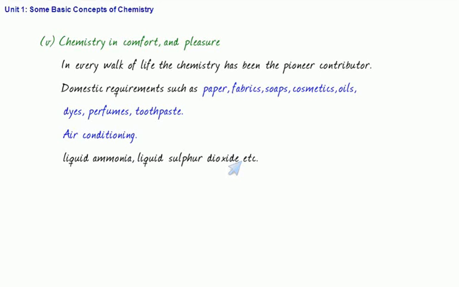In fact, everything which we use is basically made up of chemical substances only. Our food, carbohydrates, proteins, fats, lipids, vitamins, minerals, etc. are all chemical substances.